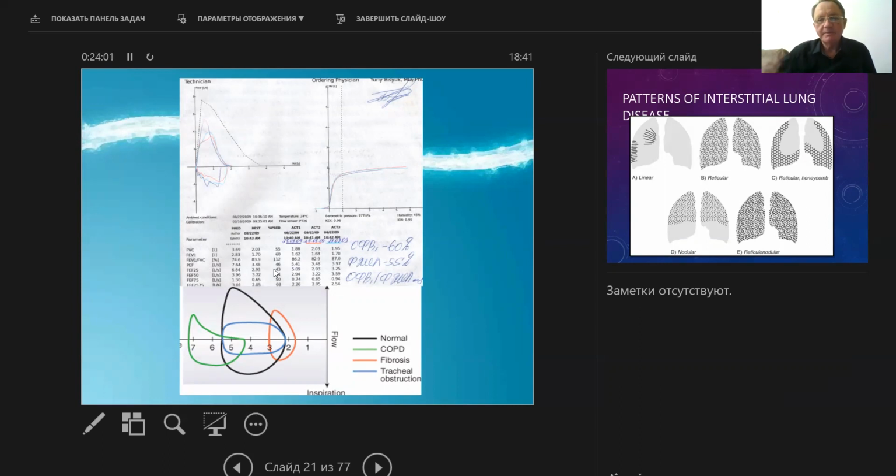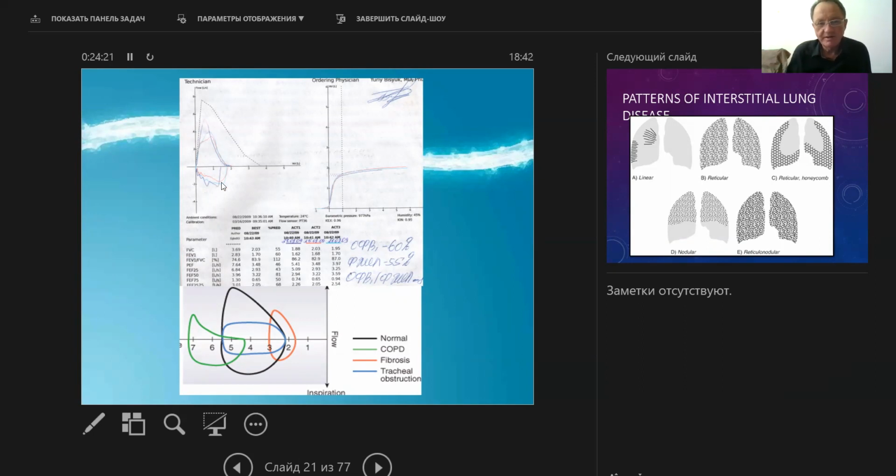You can see the prevalence of the diminished forced vital capacity over the forced expiratory volume, and this ratio in this case is 83.9%. That's why restriction prevails over obstruction.